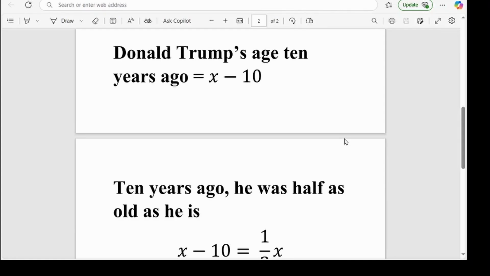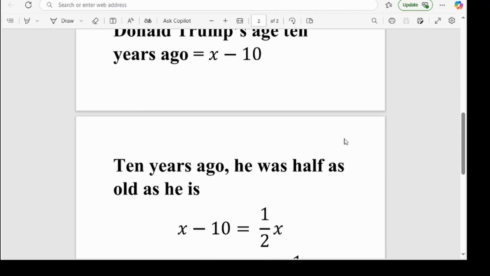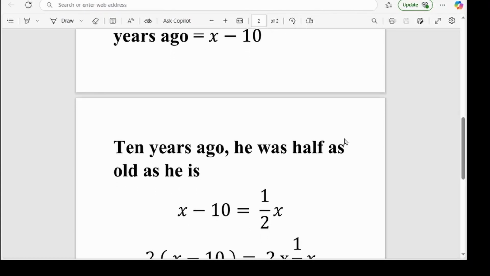So 10 years ago, he was half as old as he is currently. So 10 years ago, he was half as old as he is would be represented as X minus 10, which represents Donald Trump's age 10 years ago, equals.